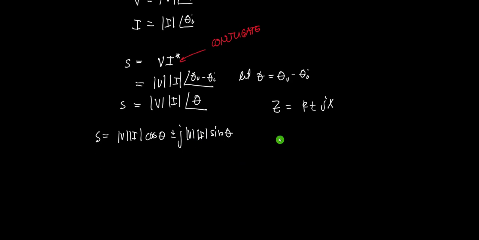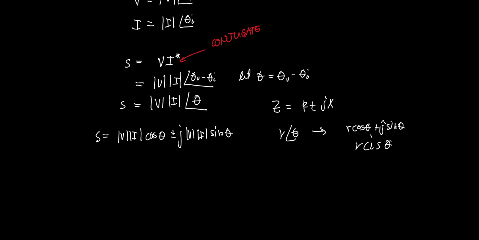So this is the conversion. If you remember, r angle theta, we convert into rectangular form as r cosine theta plus j sine theta, or the shortcut we use is r cis theta, which is the same as r angle theta.